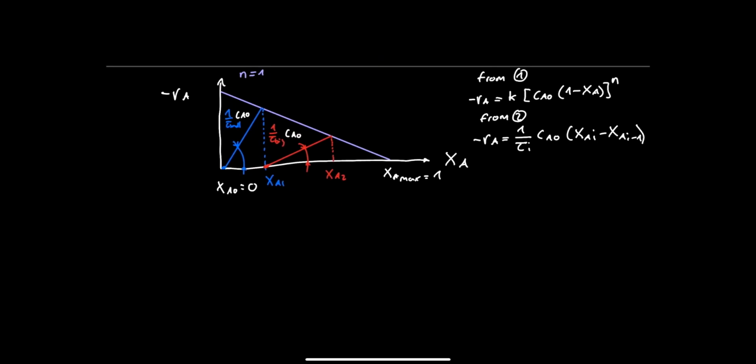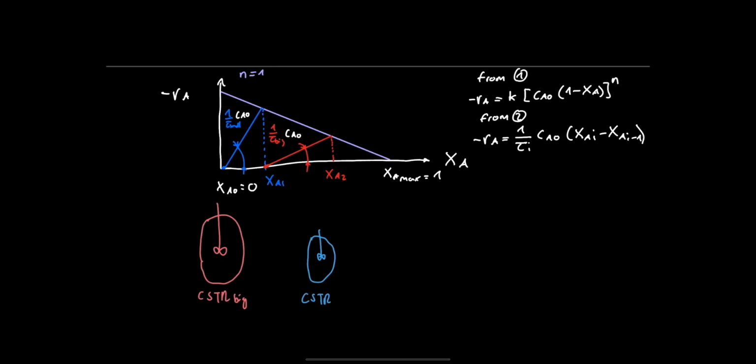Now we will use slightly different colors, but I mean our same reactors. So here we have our same big CSTR with a lighter red, and we would put our small CSTR in a lighter blue color. In the next steps, here we would have our entering molar flow rate A0.